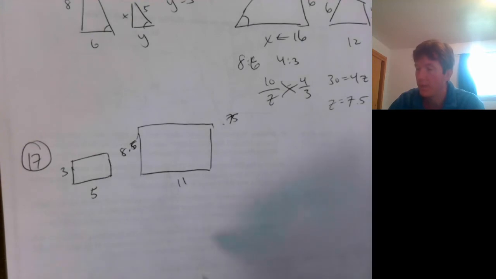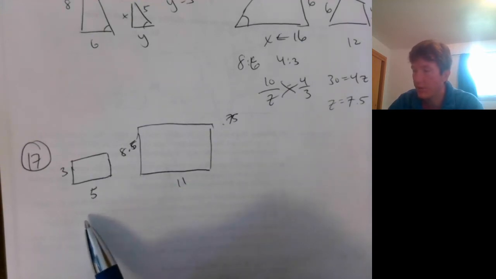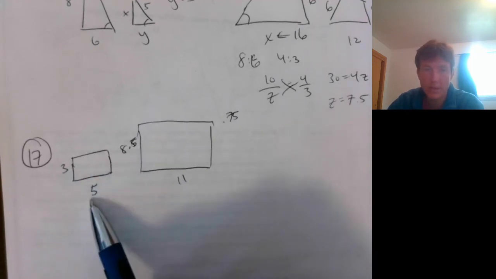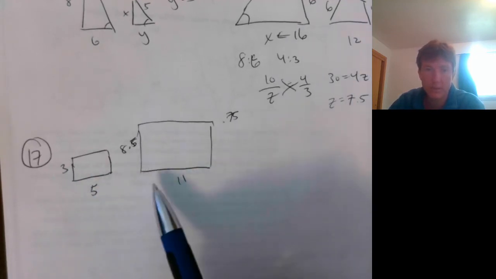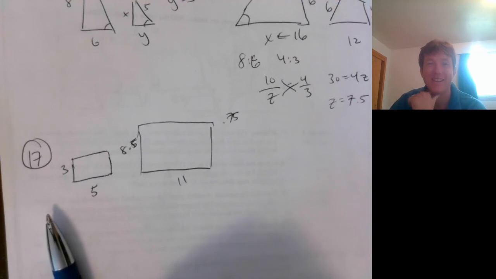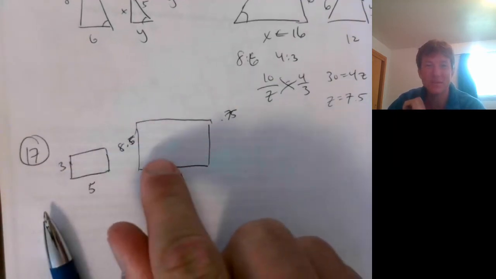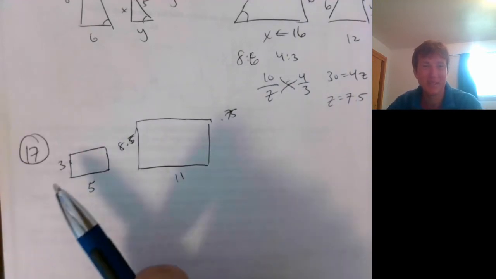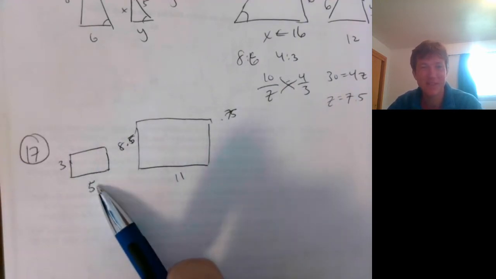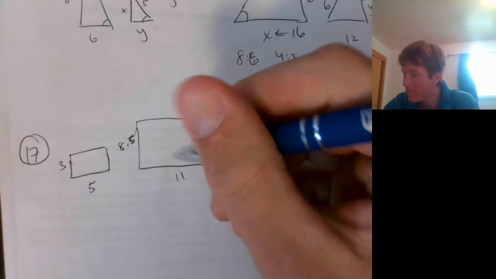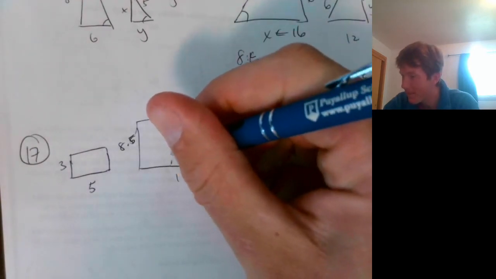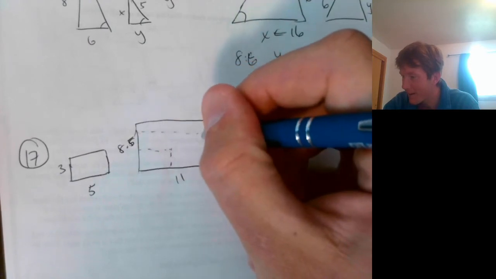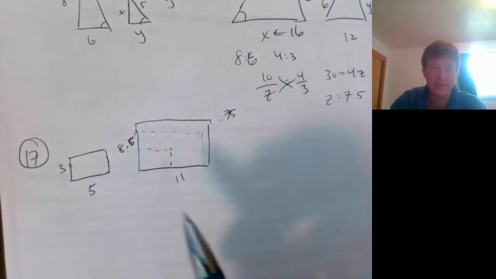So really what you want to do is envision which of these sides would fit completely. Which of these numbers would you use to fill up this space more? Would I use the 3 or the 5? If I use the 5, it kind of looks like this.